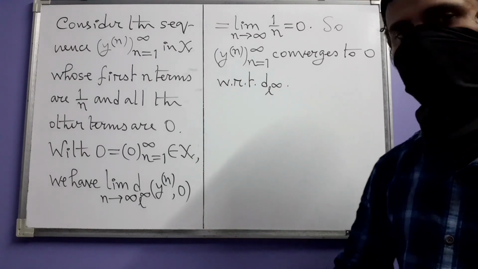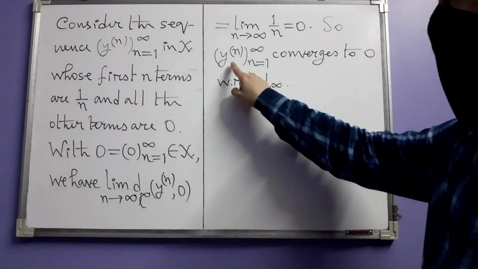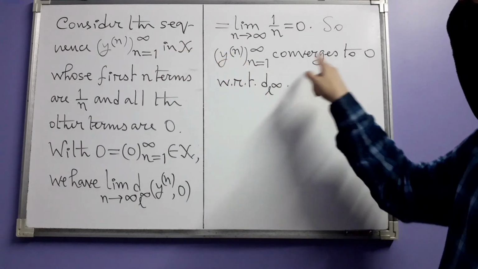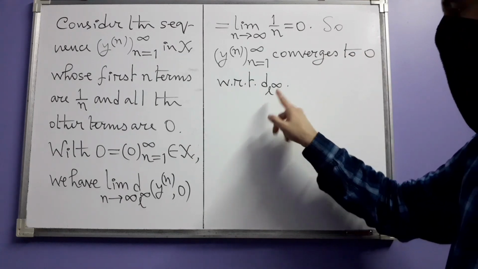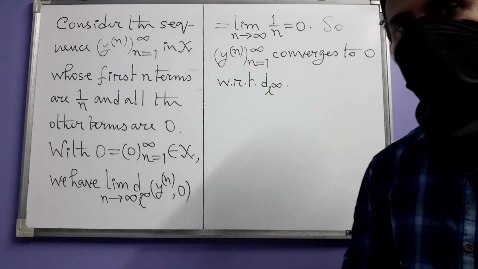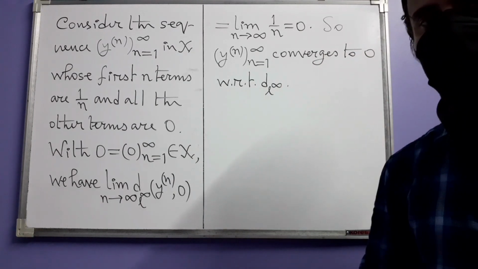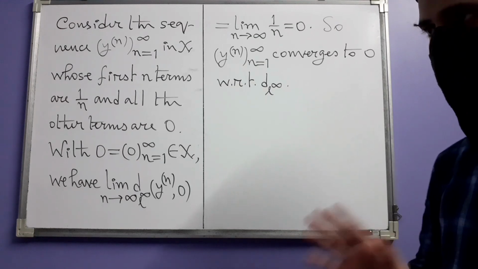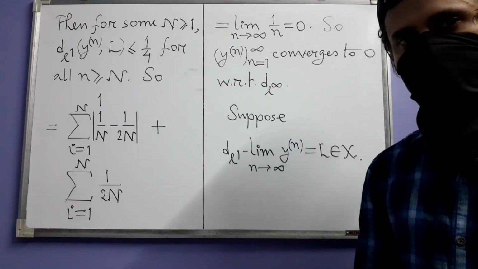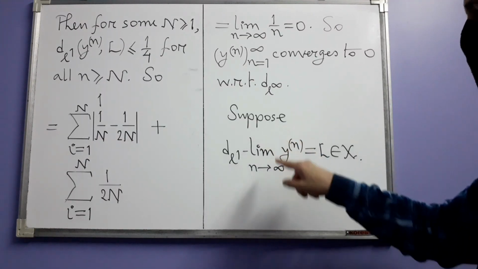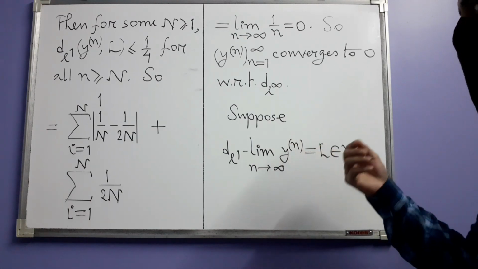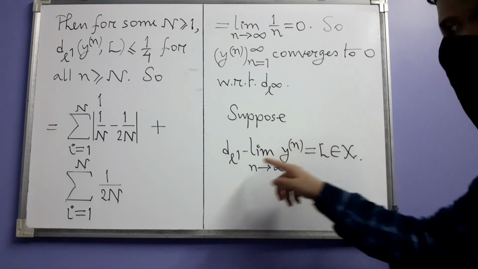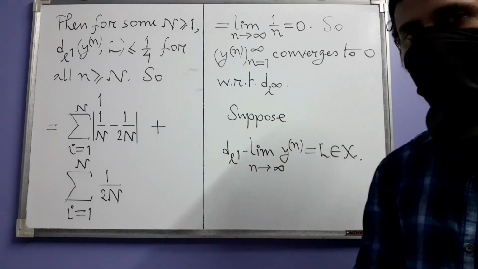So by the definition of convergence, our sequence yn converges to the 0 sequence with respect to dl infinity, but it will not be convergent with respect to dl1. Let us next see how. Suppose that yn really converges to some point L in X with respect to dl1.